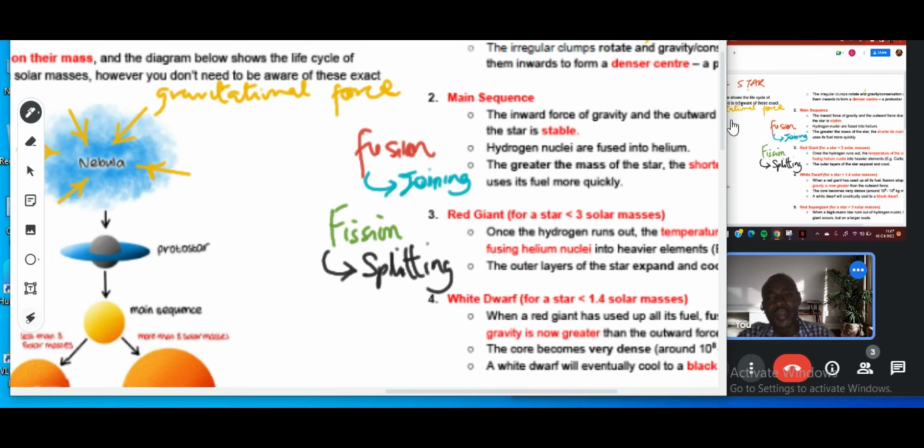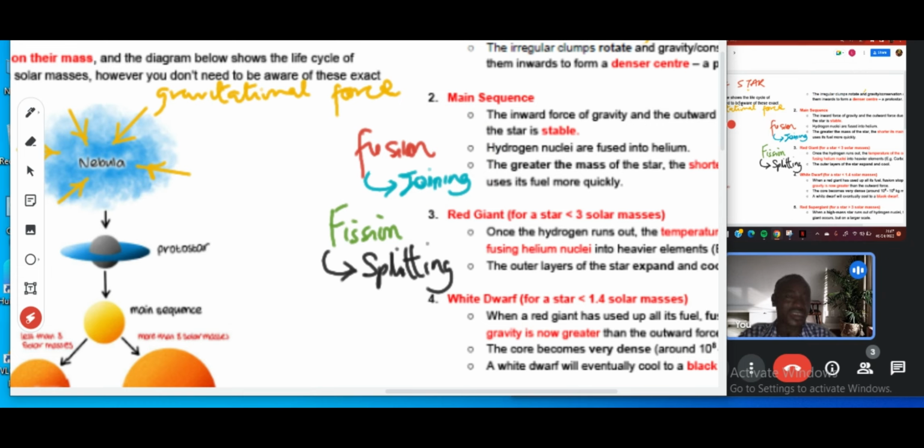Okay, so fusion requires a very high temperature and high pressure. That's why it's still difficult to replicate it on Earth. To produce materials that can withstand the high temperature and pressure needed for fusion to occur is still a big challenge.